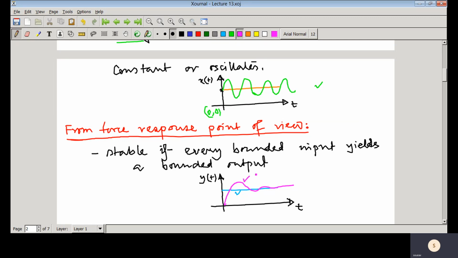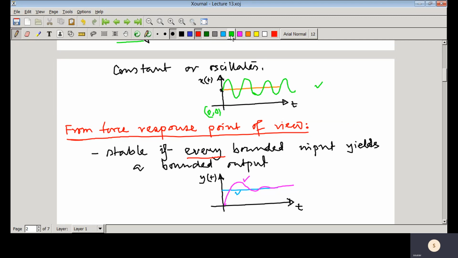So you can see that the output response is bounded whenever you apply a bounded input. And this is for all bounded input signals. This is important, every bounded signal. So if you find one bounded signal for which we are getting some unbounded output, then that is not a stable system from the forced response point of view.